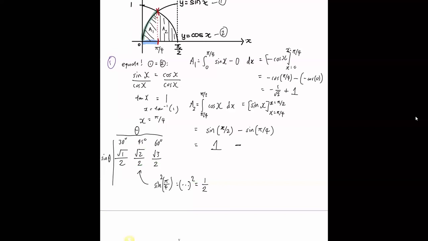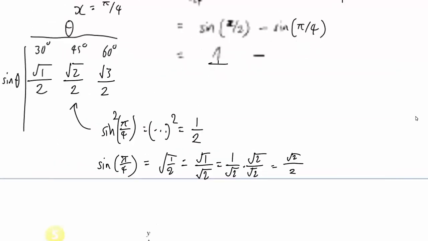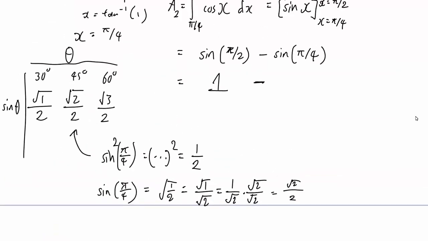Then, because the calculator helps you get 1/2, you reverse engineer. You actually need sine pi over 4 without the square. So you take a square root of the 1/2, which is square root 1 over square root 2, which is 1 over square root 2. Multiply top and bottom by square root 2 to rationalize the denominator. You end up with square root 2 over 2. Okay, that's how you do it if you cannot remember.